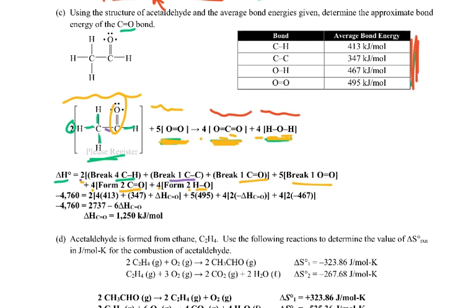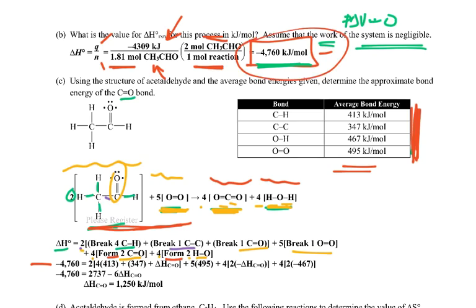Well, bond energies are the energies involved in breaking up the bonds. So we're going to use these numbers as is for the reactants, and then when we get to forming these bonds, we're going to have to change the sign. So if you follow very carefully, I'm just going to put numbers in. The negative 4760, that's kilojoules, that is the delta H, and that's from back up here.